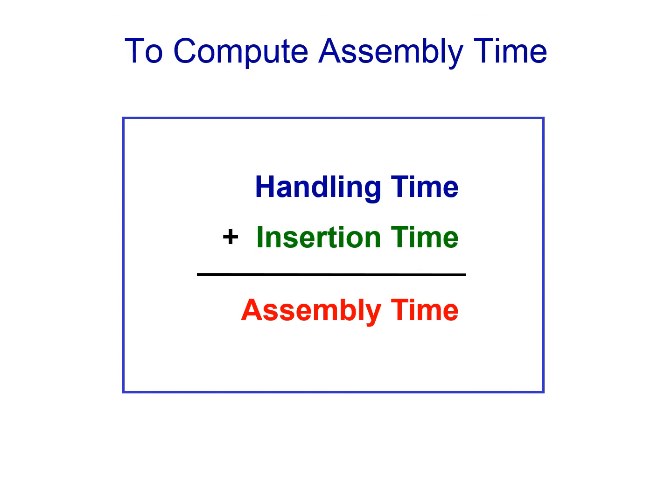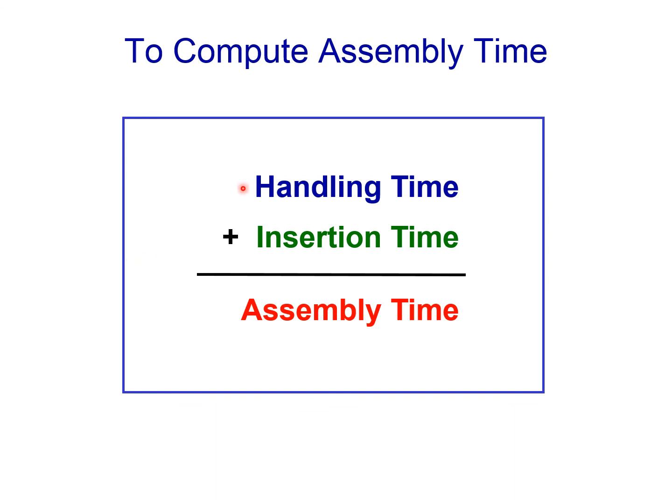The idea behind the software is this: we want to minimize assembly time. So we want to make assembly time clear and visible. So this is what it takes: handling time and insertion time. Then you can relate assembly time to assembly cost by multiplying by labor rate, as I said earlier.